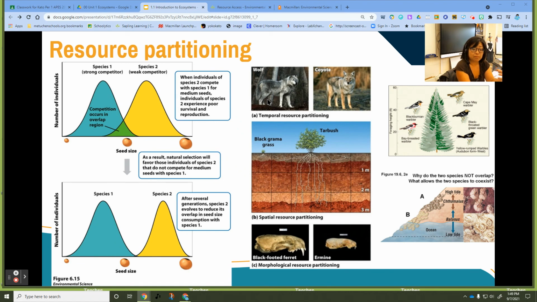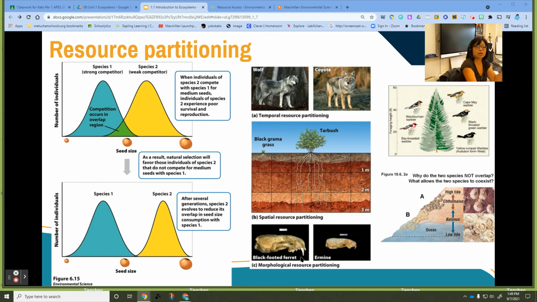Right. Morphological resource partitioning has to do with size, right? So again, same type. They're both weasels, living in the same habitat, feeding on the same kind of prey, but if one is slightly bigger, then they'll eat the bigger ones of that prey. I think black-footed ferrets eat little groundhogs, right?